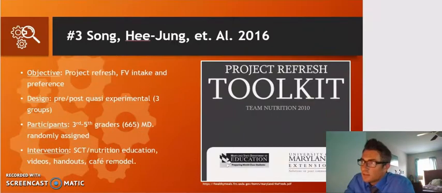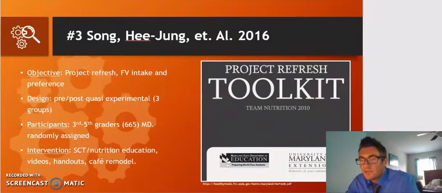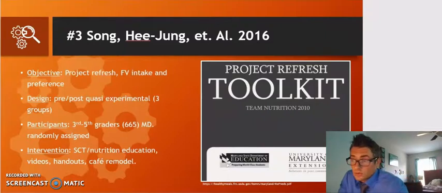The third study I looked at assessed a program called Project Refresh on fruit and vegetable intake and preference. So the goal of this study was to assess the effectiveness of this nutrition intervention program at increasing fruit and vegetable preference and intake for 3rd through 5th graders from 34 elementary schools in Maryland. Participants were randomly assigned to one of 3 interventions. There were 3 groups.